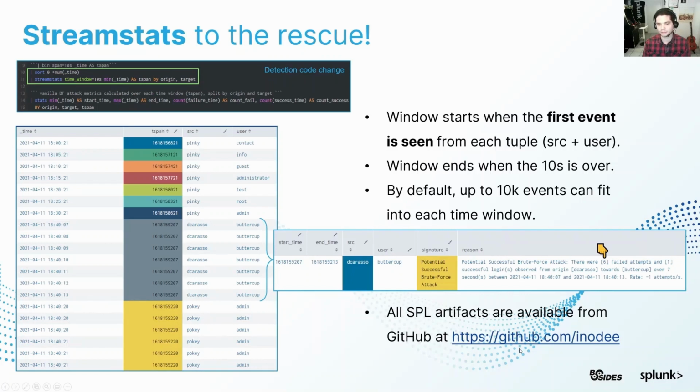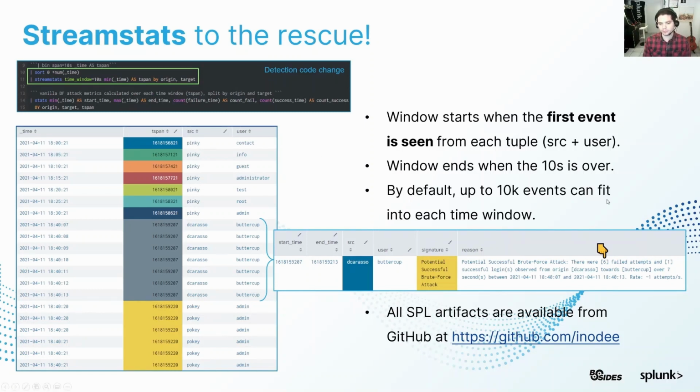And then you can see here the missing attack, the potential successful brute force attack, available in our output, including the 6 failed attempts and, of course, 1 successful login observed from that origin.